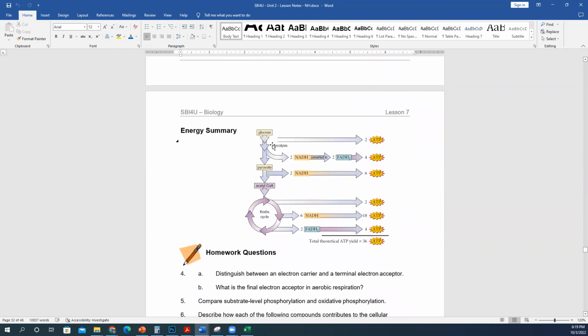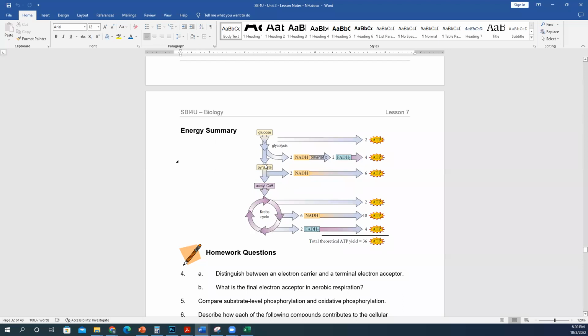And if we want to look at the energy summary of that, we can look at the glucose that enters glycolysis. Glycolysis produces 2 NADHs, which get converted to 2 FADH2, and also within glycolysis itself, 2 ATP is made. For every 2 FADH2, you get a conversion to 4 ATPs.